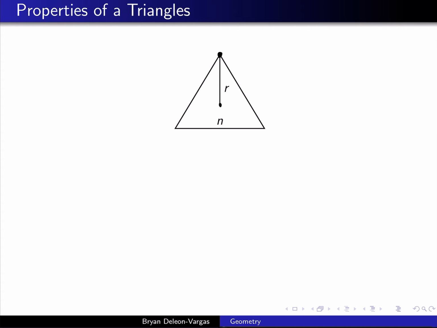Since this is an equilateral triangle, this distance R is the same as this distance and is the same as this distance. All these points touch our circle. So we know that this point where R starts from is the center of the triangle.